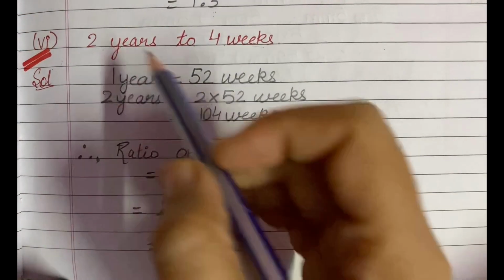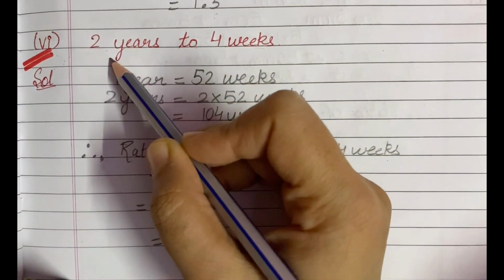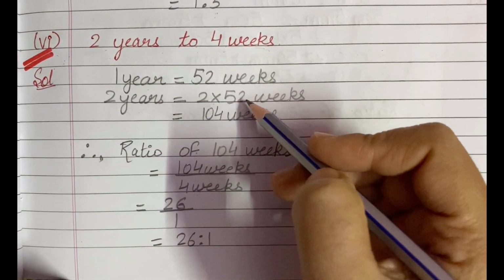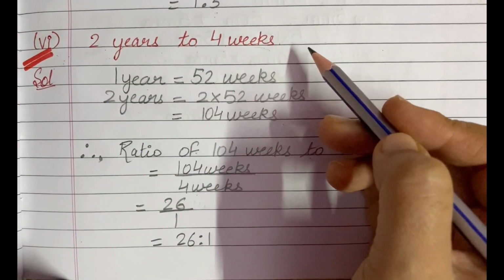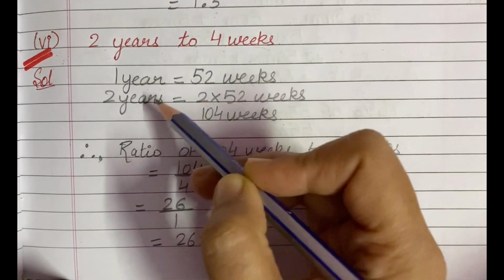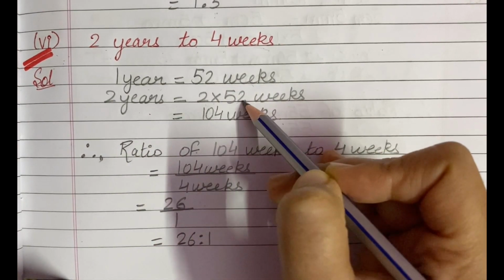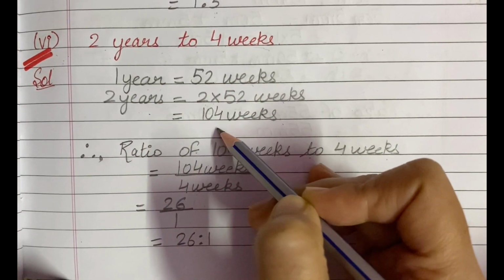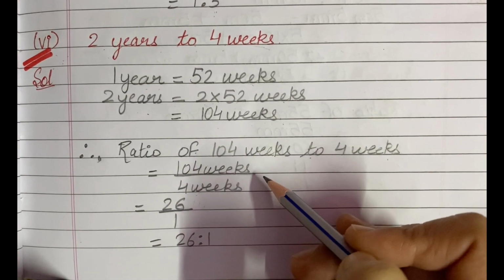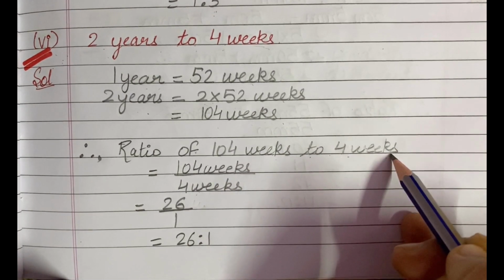Now next I have taken the sixth part of the same question, and it says 2 years to 4 weeks. So students, first of all we will make the units the same, and we know that in 1 year there are 52 weeks. So in 2 years there are 2 multiplied by 52 weeks, that is equal to 104 weeks. That means we have to find the ratio of 104 weeks to 4 weeks.